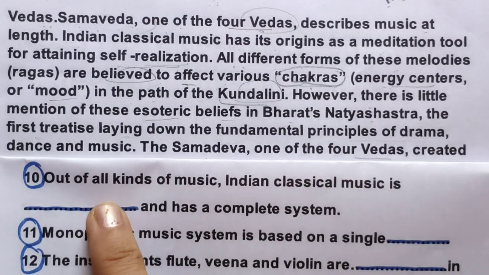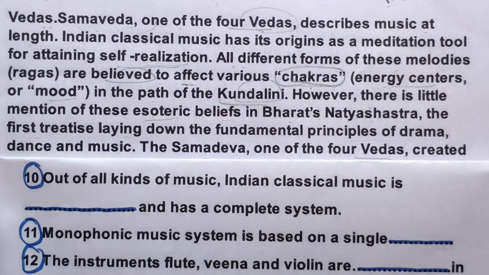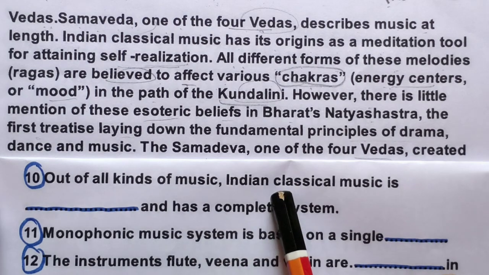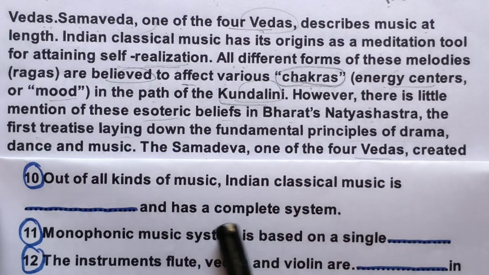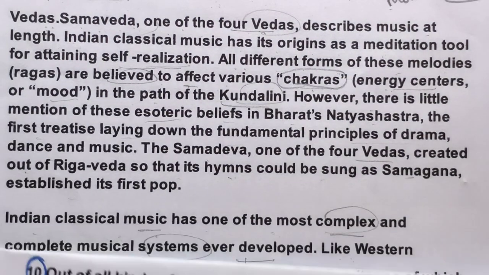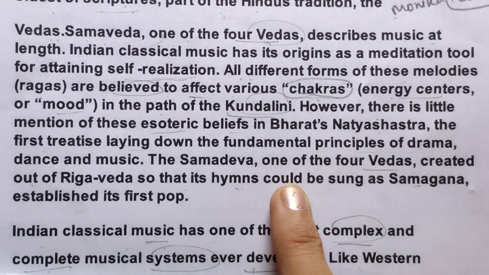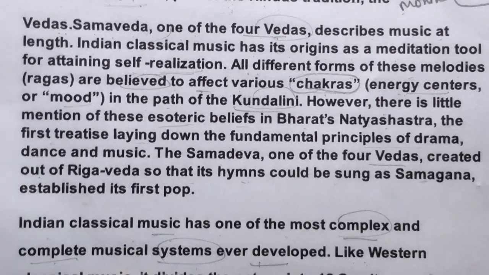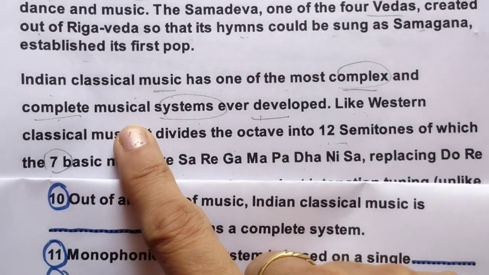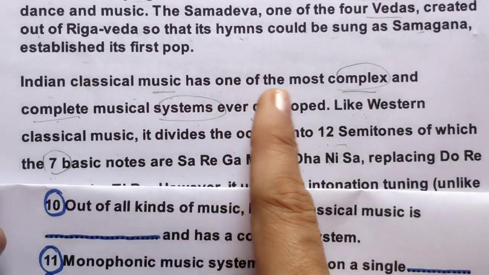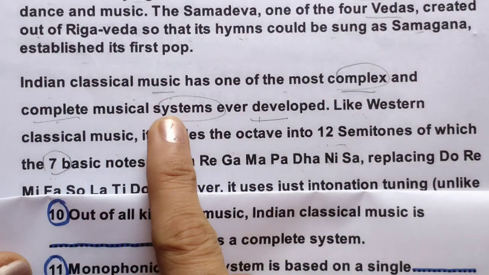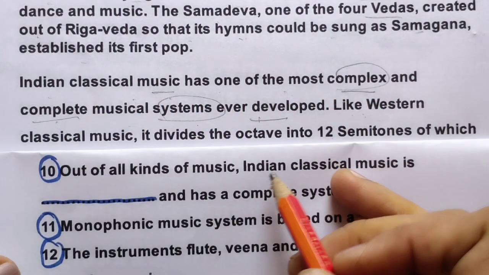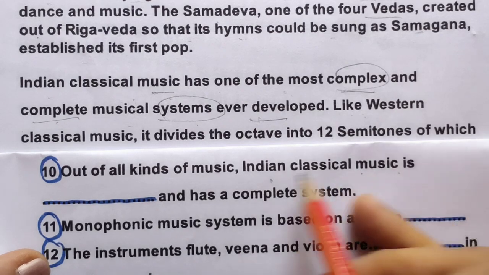Now coming to next 10th number, fill in the blanks, that is out of all kinds of music, Indian classical music is dash and a complete system. So here they were talking about another thing, Samaveda, four Vedas and all. And in the next paragraph the writer is talking about Indian classical music as one of the most complex and complete musical systems ever developed. So classical music is dash.